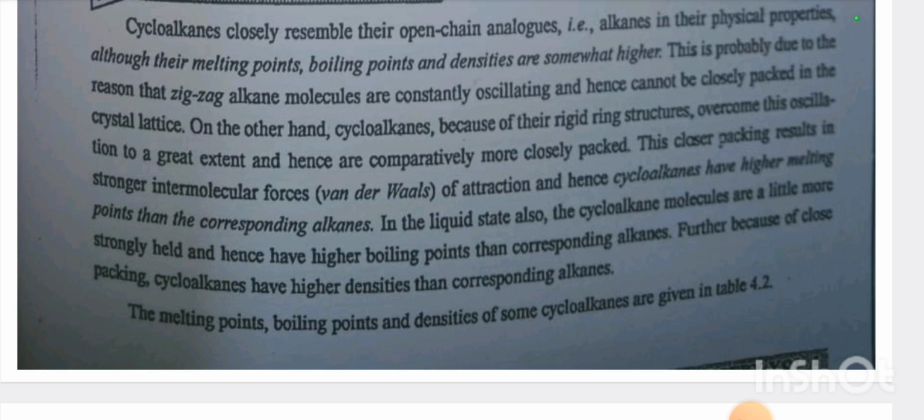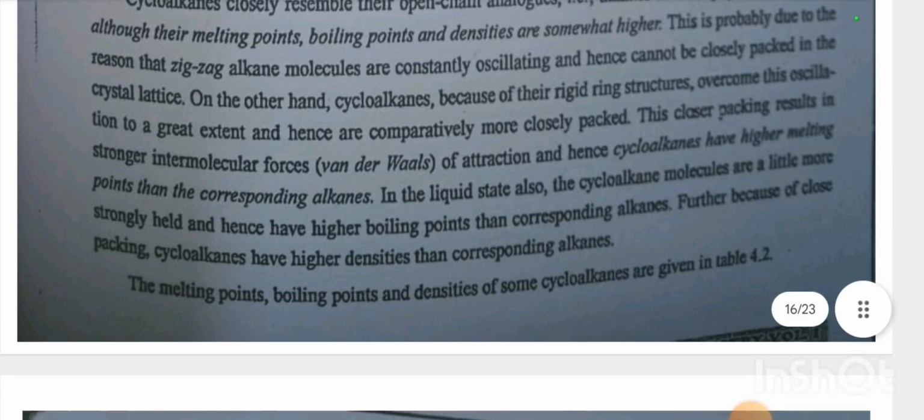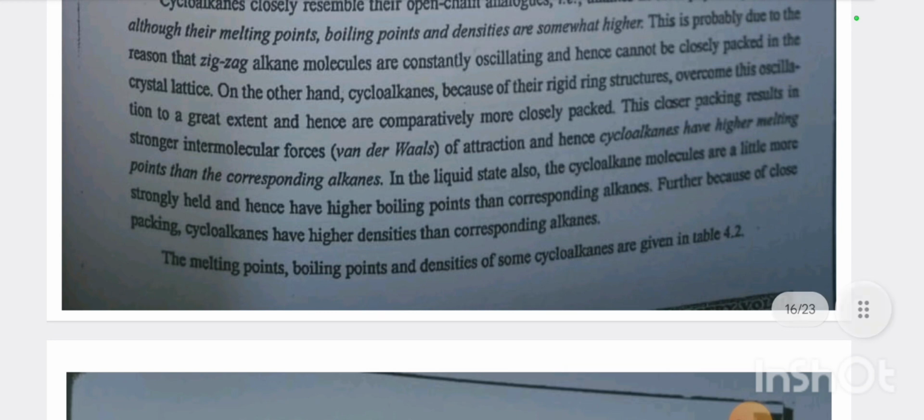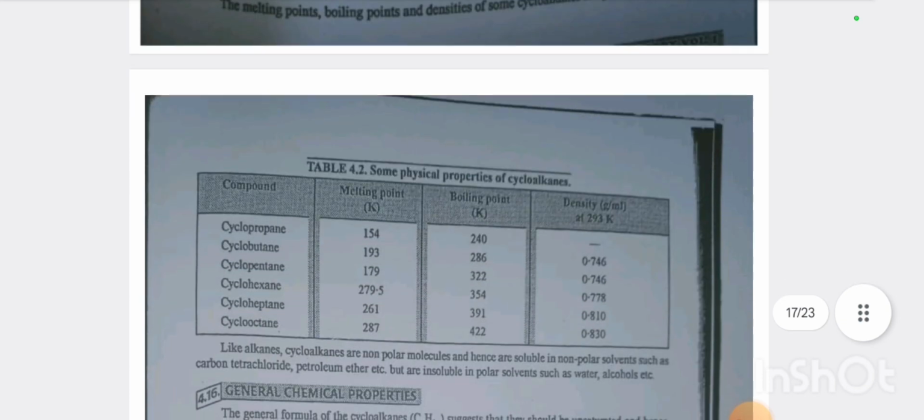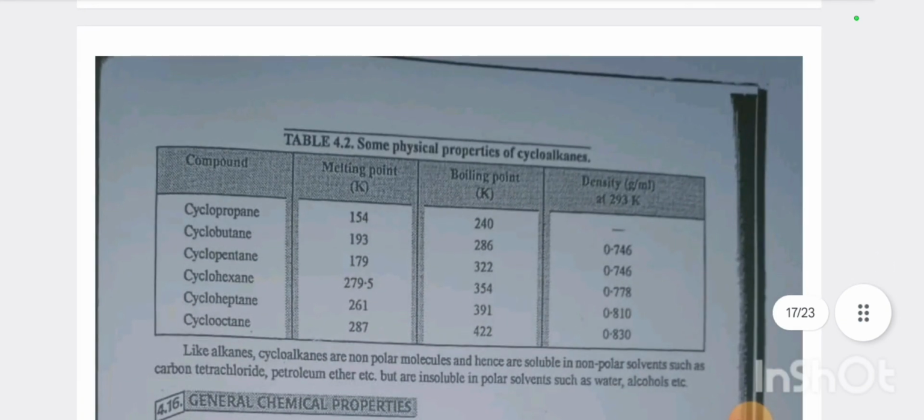In the liquid state also, the cycloalkane molecules are a little more strongly held and hence have higher boiling points than corresponding alkanes. Further, because of close packing, cycloalkanes have higher density than corresponding alkanes. The melting points, boiling points and densities of some cycloalkanes are given. Cyclopropane: melting point 154, boiling point 240.